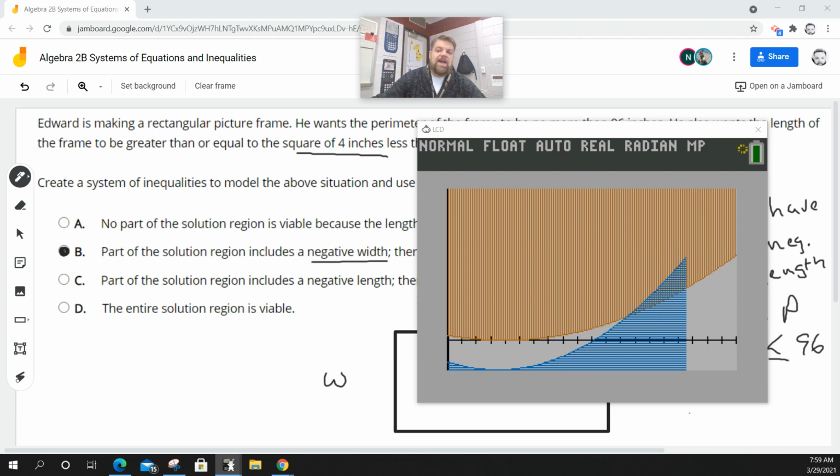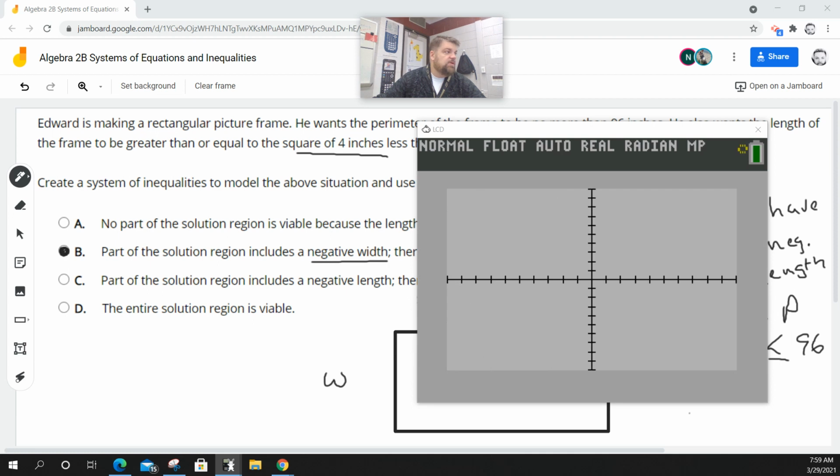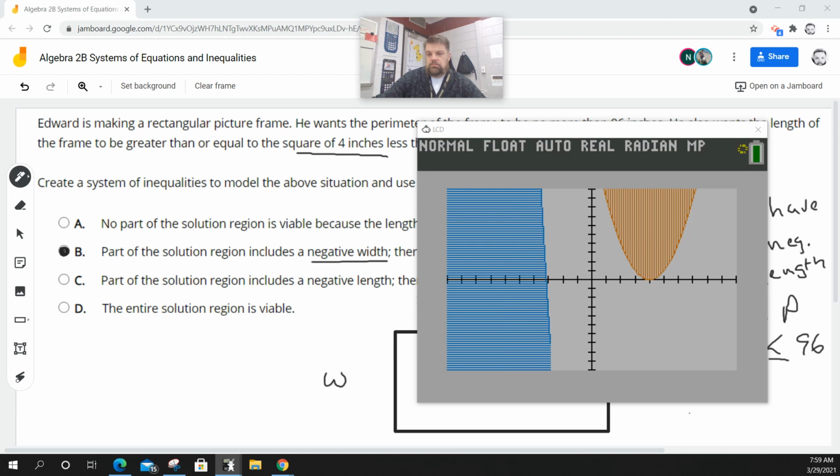So where the two overlap are possible solutions, right? So let me do a standard zoom, and I'll probably have to zoom out a little bit. What we're looking at is where the two overlap.